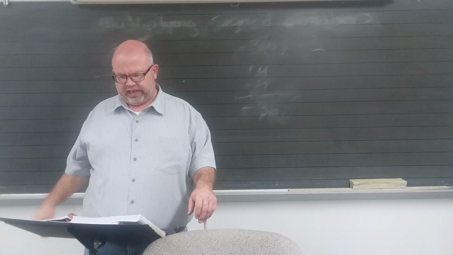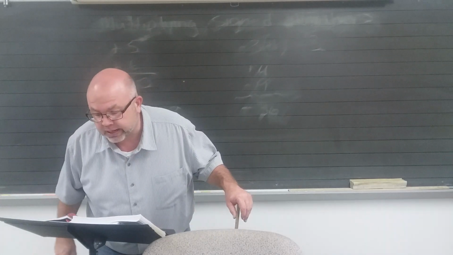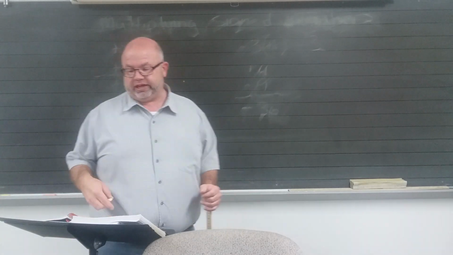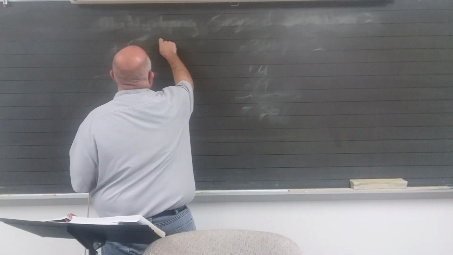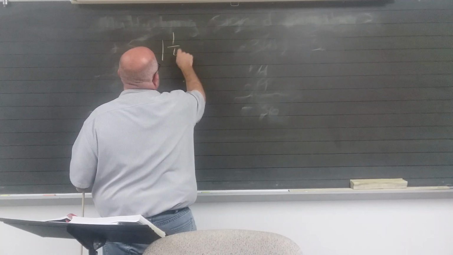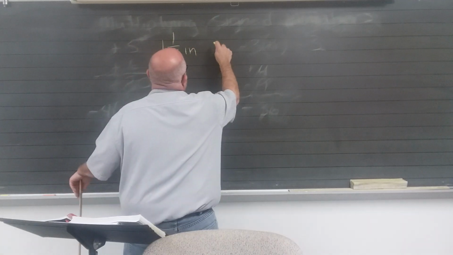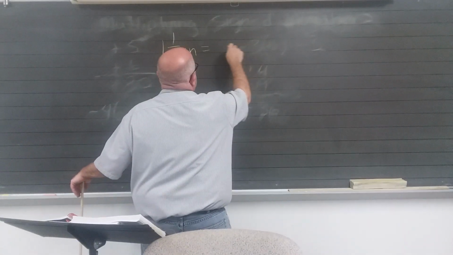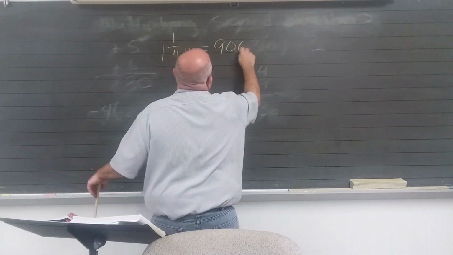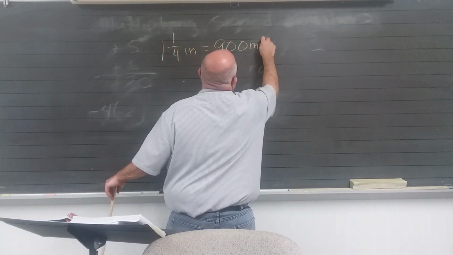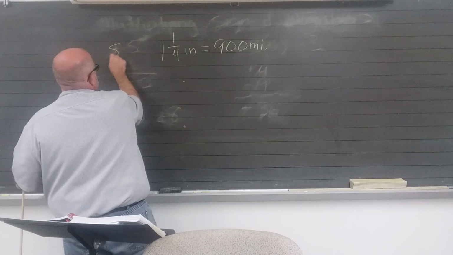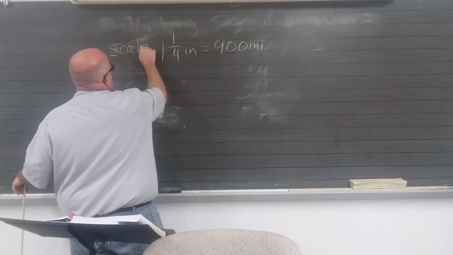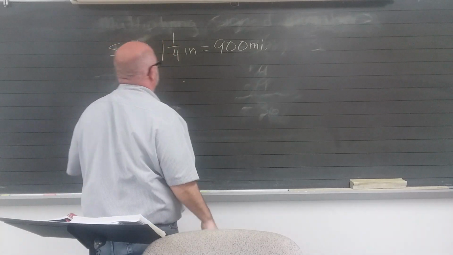You will see the scale of miles on top of the map is 1 1/4 inch equals 900 miles. So this is going to be part of your proportion. That's your scale, that's what it has on the map. That doesn't change for this map.